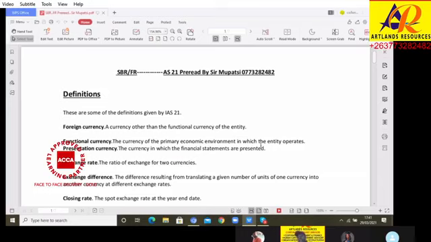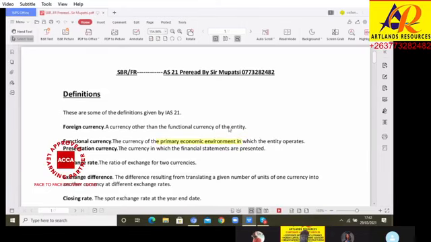We shall discuss shortly how functional currency is determined. In Zimbabwe, the functional currency is the Zimbabwe dollar. Though we have other currencies, that does not make them functional, because they are not the currency of the primary economic environment in which the entity operates.